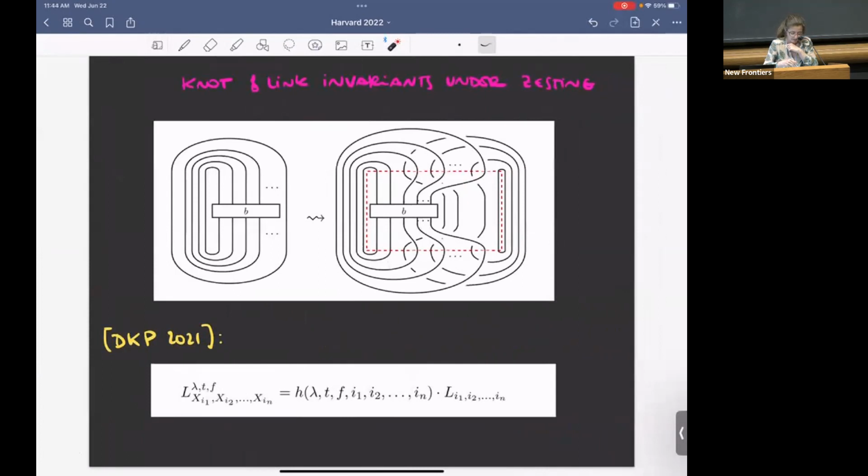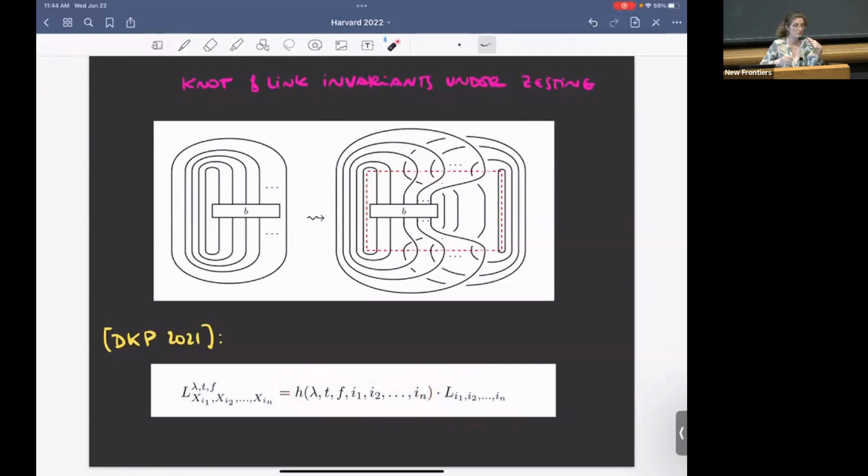I will not go into deep details here, but basically we saw how the Markov trace of this braid word changes under Zesting. And what's interesting is that it actually decouples. So basically you get the same link invariant up to some phase.